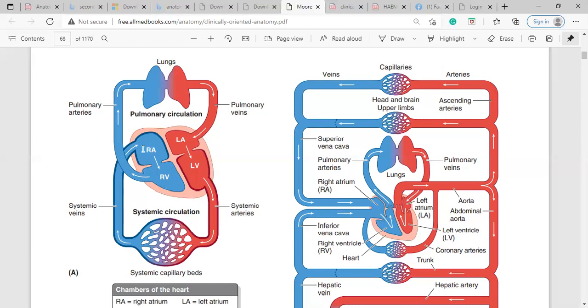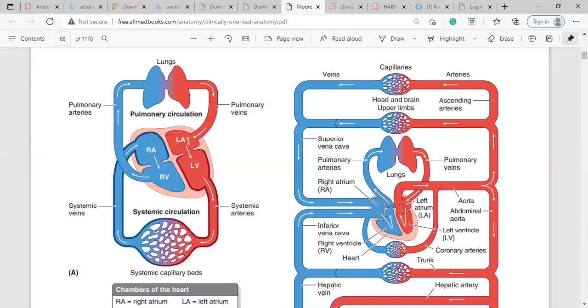So systemic circulation is the movement of blood from the left ventricle down to the right atrium, systemic circulation. While pulmonary circulation is the movement of blood from the right ventricle down to the left atrium.